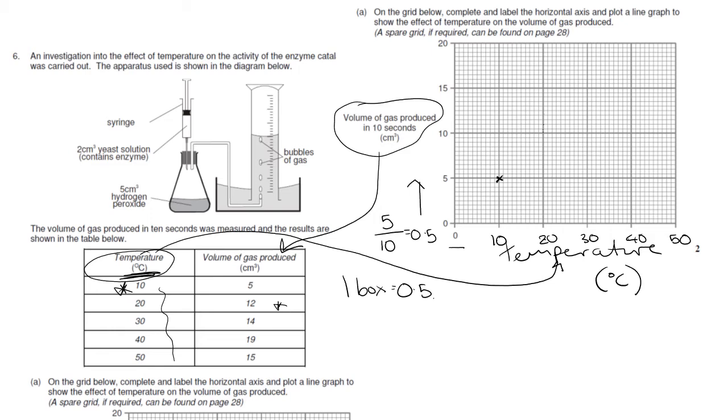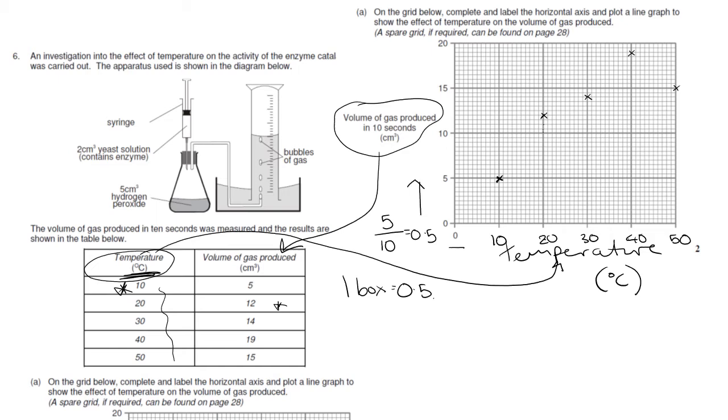Sorry, wee box keeps popping up, so that's my next point there, okay. 30, I want to do 14. So again here, I got up to 10, but I need to get up every 2 boxes as 1. So where's my 14? Here. 40, I've got 19, so my 19 is going to be here, and then the last one is 15 right on this line, okay?